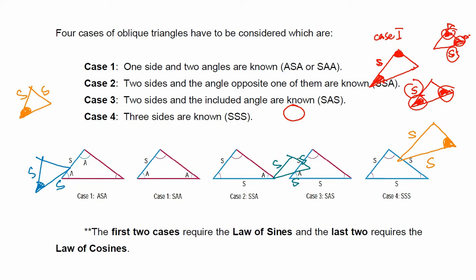If you use the law of cosine there, you will not get the answer. Case 3 and case 4 are under the law of cosine. Vice versa, if you use the law of sine there, you will get the wrong answer.